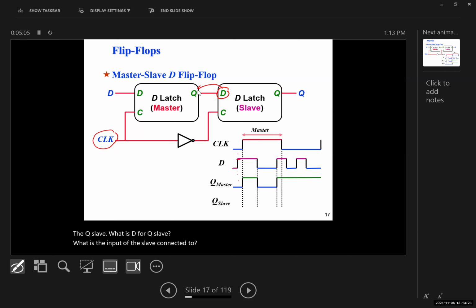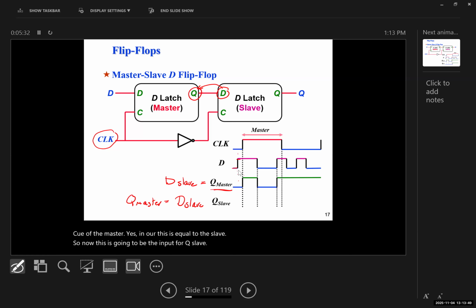Output of the master. Perfect, the output of the master. So D slave is equal to Q of the master. In other words, this is equal to D slave. So now this is going to be the input for Q slave.